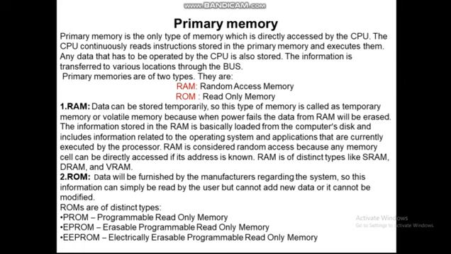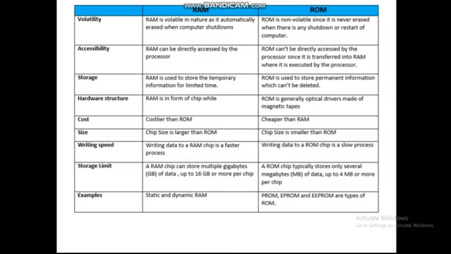Now we have ROM also. ROM is read-only memory. It is a non-volatile memory storing information permanently. Its contents are not lost when the power supply is switched off. It is not writable by the user, hence we cannot write anything to ROM.